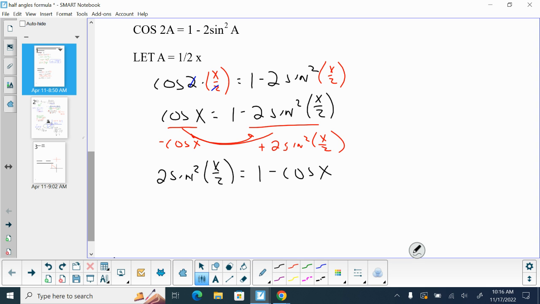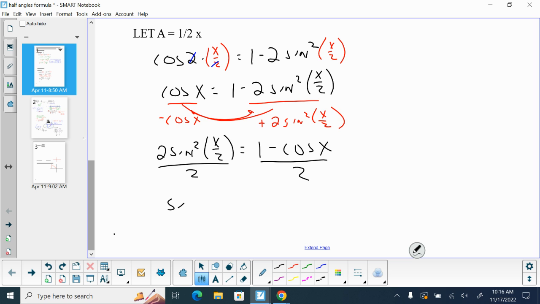Now the process is exactly the same as what we just did up above. We're going to divide by 2. So we have sine squared x over 2 is equal to 1 minus cosine of x divided by 2. Then I need to get rid of a square. So I go out to the square root tree with my axe and I do some cutting.